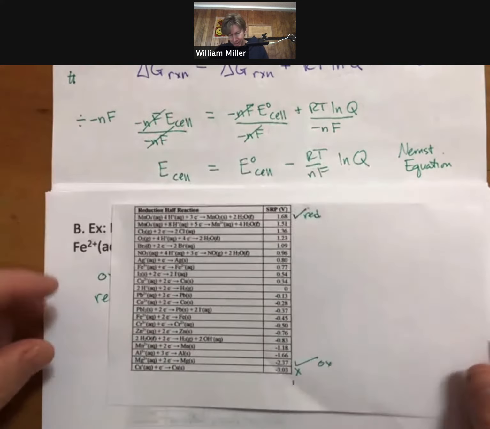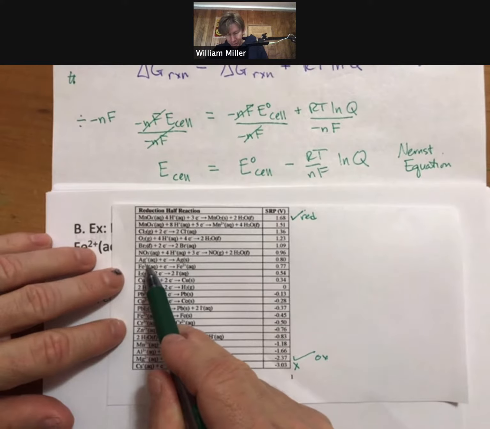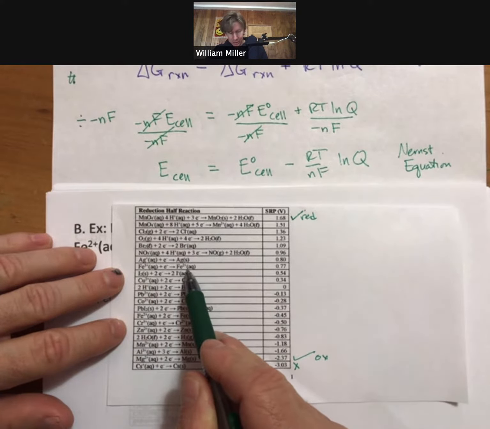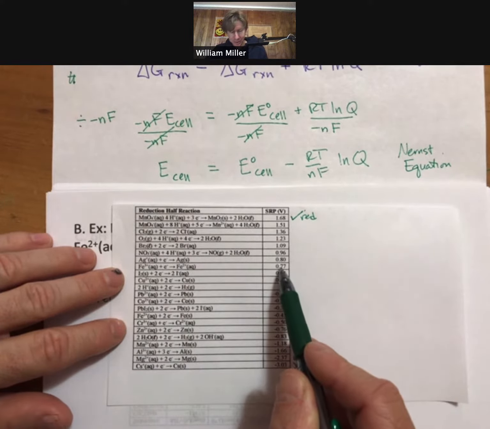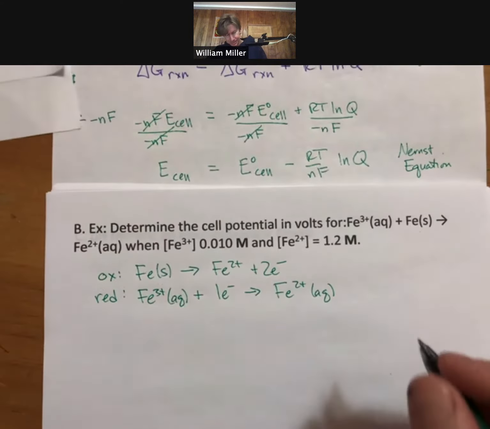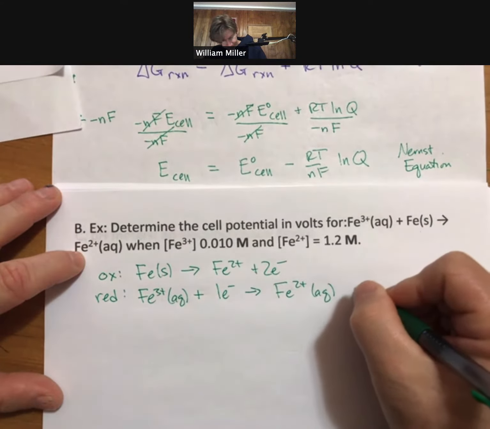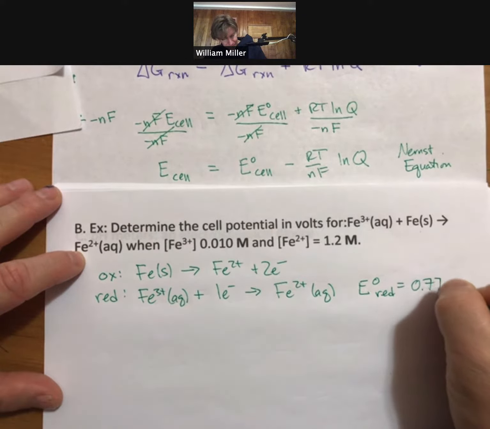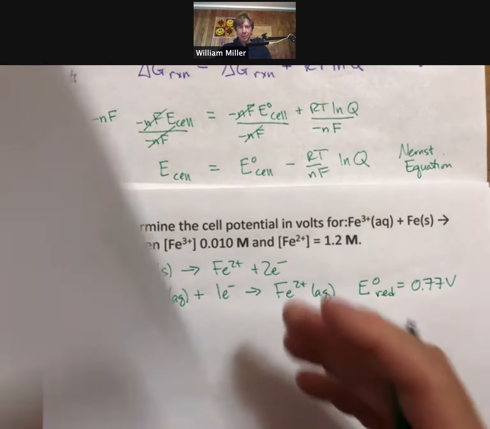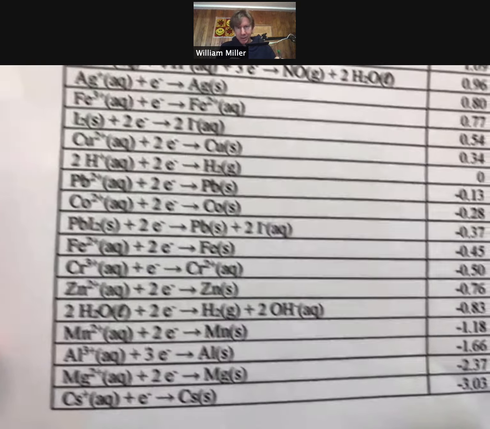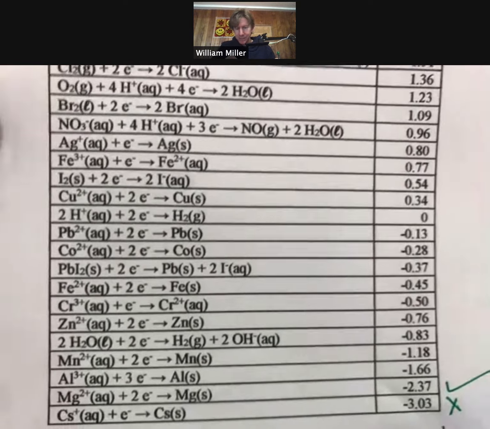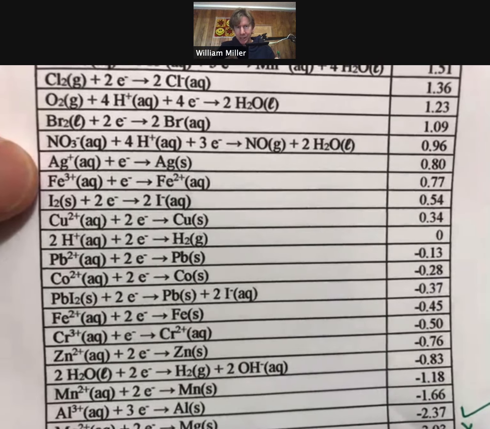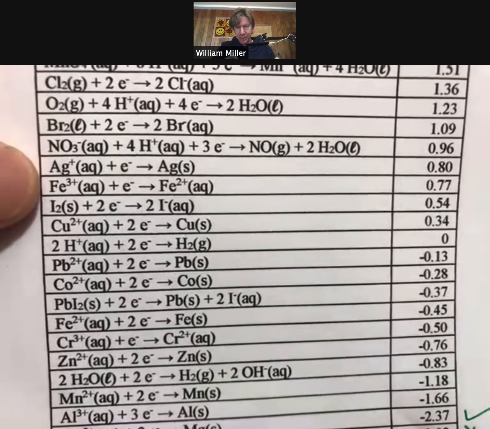So we do have iron 3 plus going to iron 2 plus. That has a cell potential of 0.77 volts. And I know that was probably hard to see, so let's go ahead and zoom in. Here's iron 3 plus going to iron 2 plus, 0.77 volts.